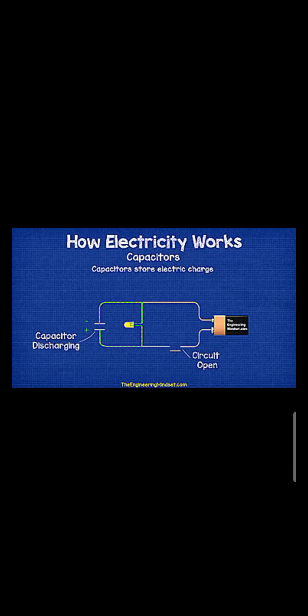Generally, the polarized capacitor consists of positive and negative poles, and the positive pole is represented by a straight line, and sometimes the negative pole is represented by this curved line. This is the circuit diagram of a capacitor.